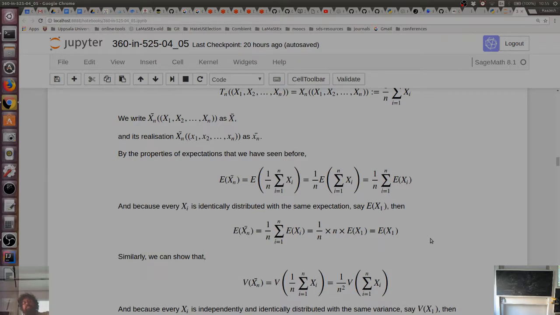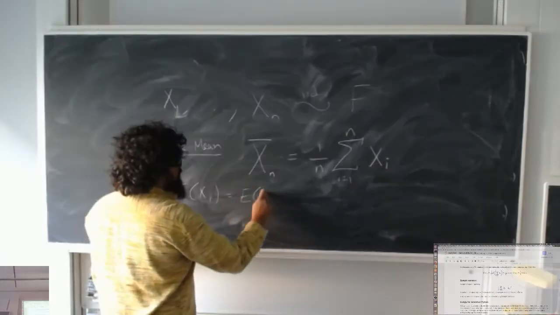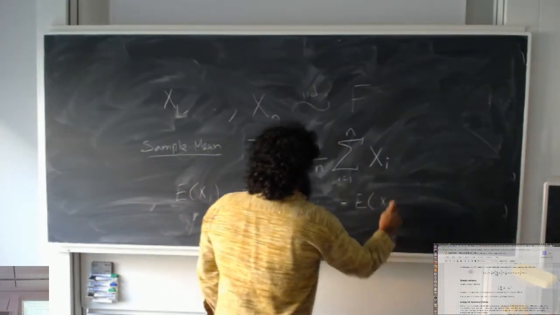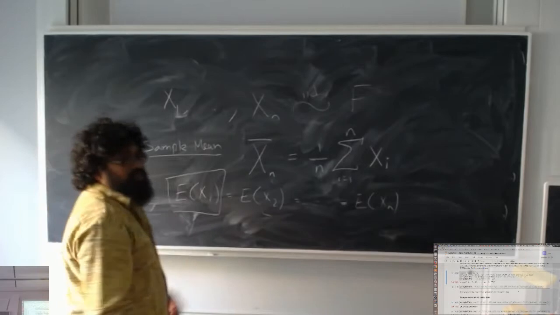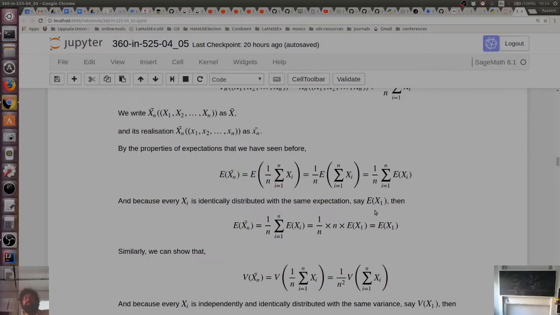This is again just convention: because all the random variables are IID, the expectation of X1 is equal to the expectation of X2 is equal to the expectation of Xn. So you just say it's the expectation of X1 for all of them. So it'll just be 1 over n times n expectations of X1. So that's the expectation of the random variable or statistic called the sample mean.